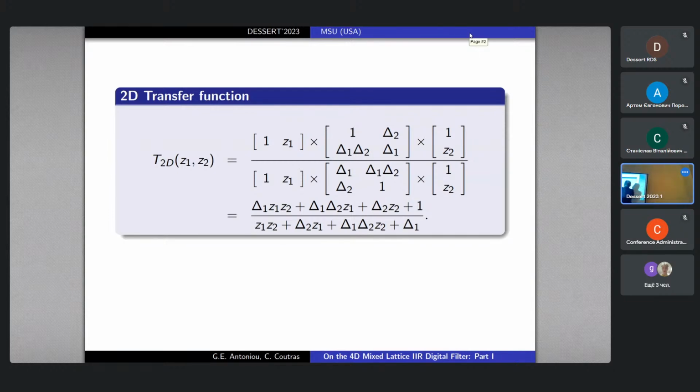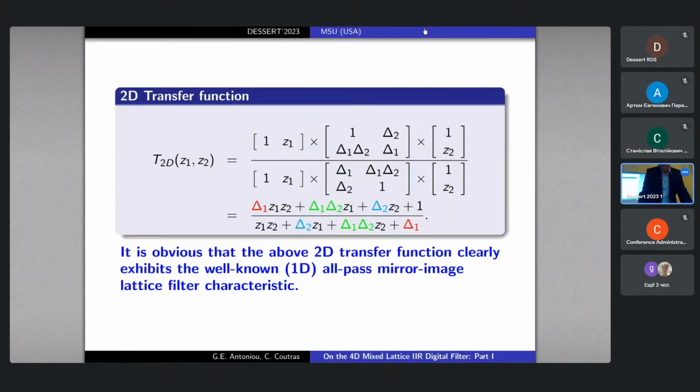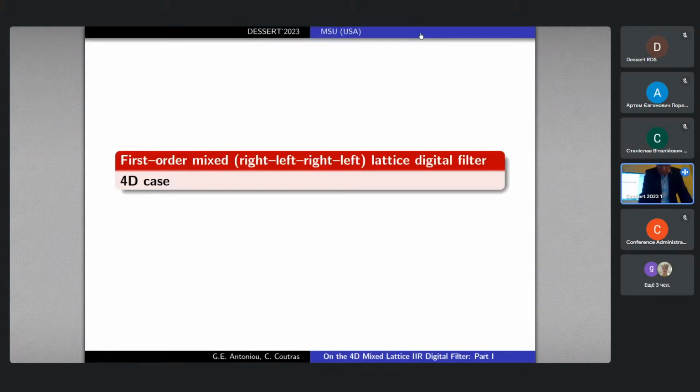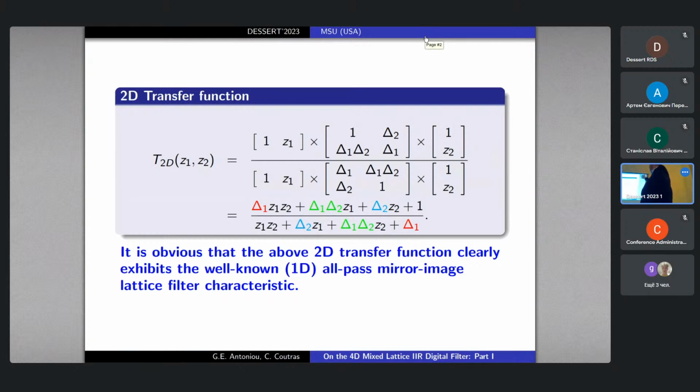Delta 1, delta 1, delta 2, delta 2, and 1. We have all four this way. Also, another way you can see around is this. The blue, the green, and the red, which means the 2D preserves the 1D conventional property.